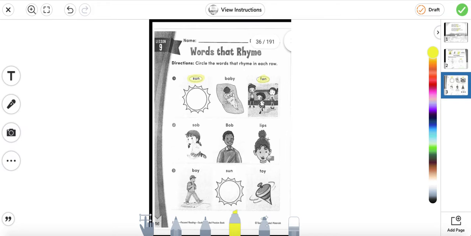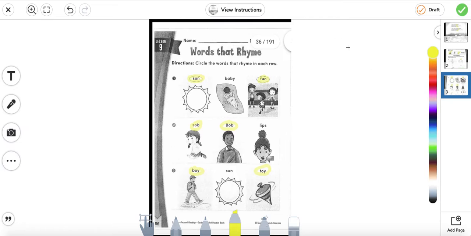Let's try number 2. Sob, bob, lips. Which of those two rhyme? Sob, bob. They both have the same ending sound. Ob. Number 3. Boy, sun, toy. Boy, toy. Great job.